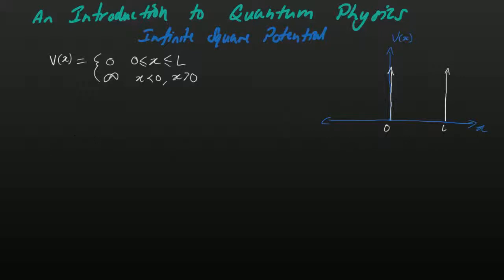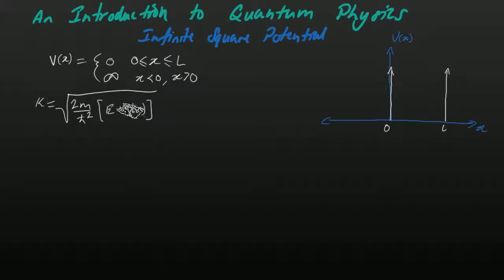Now what we'll have to do from here is remember from our previous example, in part 1, we defined k equals the square root of 2m on h bar squared, and in here it's E minus V of x. So what we'll do first is look at how the wave function behaves outside, in this region here.